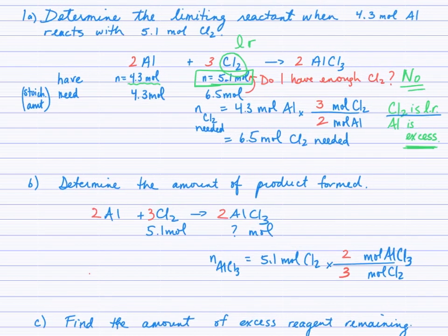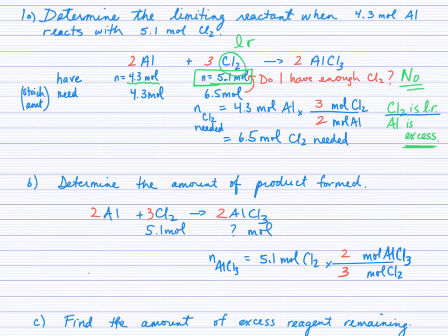So 5.1 times the 2 divided by the 3 gives me 3.4 moles of the aluminum chloride. Okay, so that's how much product is actually formed. So take note that in particular we took the moles of the limiting reagent and we determined the moles amount of the product, and we used the mole ratio to do that.